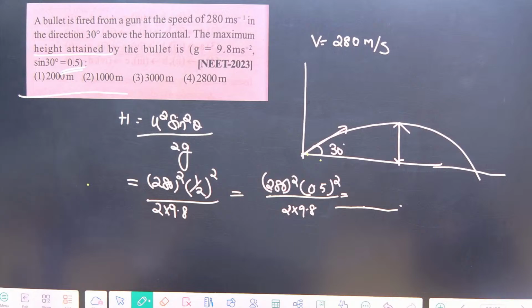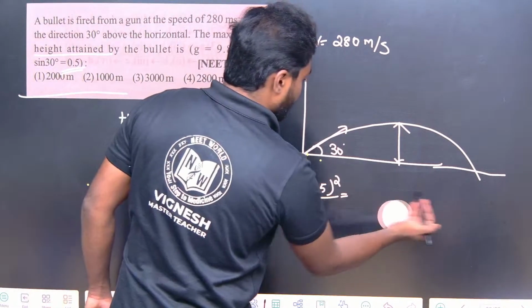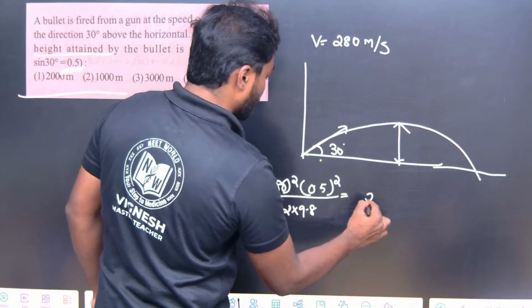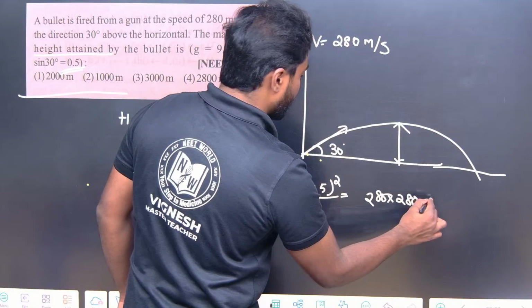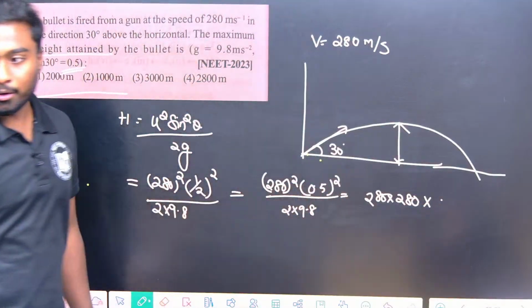So give the value first. Can I write like this? See, 280 into 280 into 0.5, I can write 5 by 10.